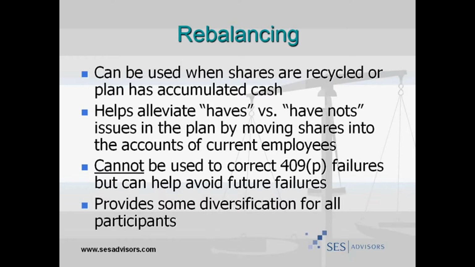One thing that IRS did come out and say is that you cannot use rebalancing to correct 409P failures, but that you can use it to help avoid future failures.